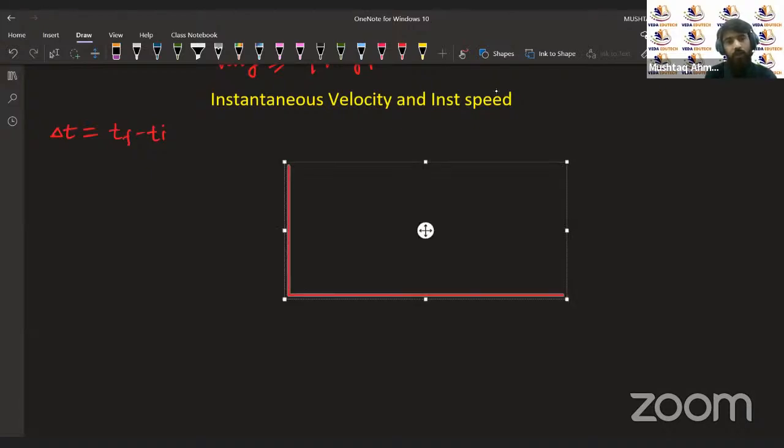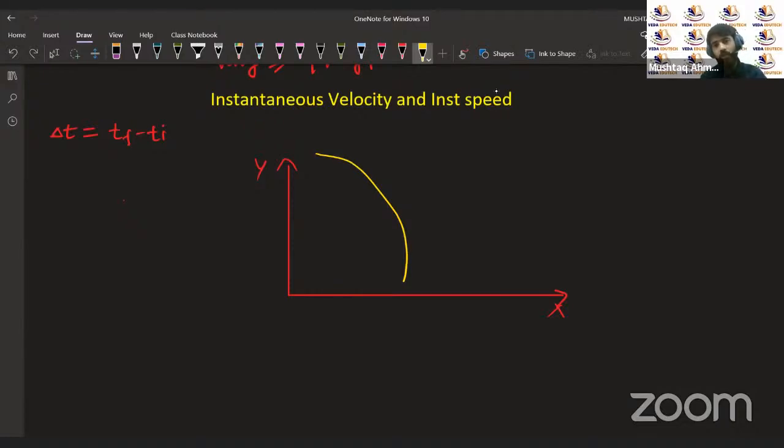This is our Cartesian coordinate system, and this is how our particle was moving along some curvilinear path.